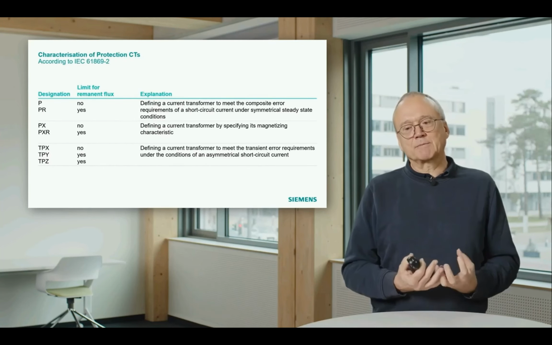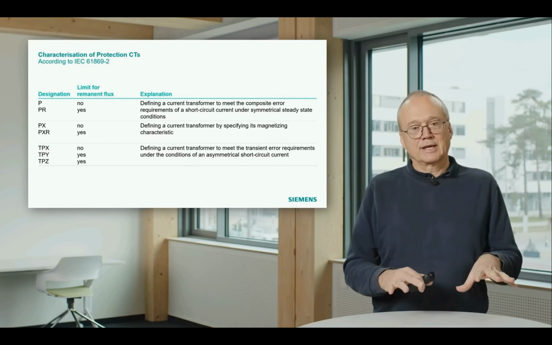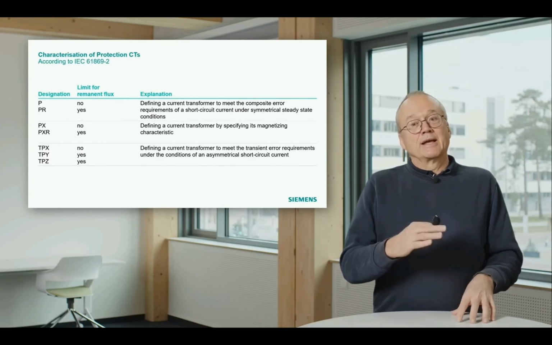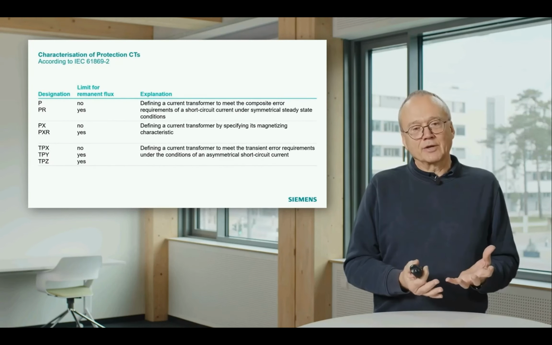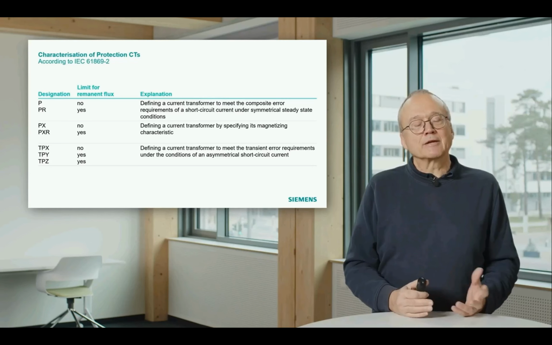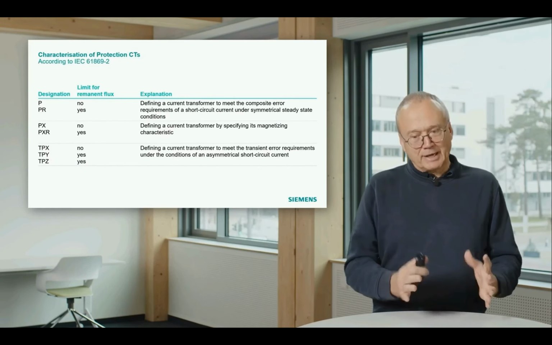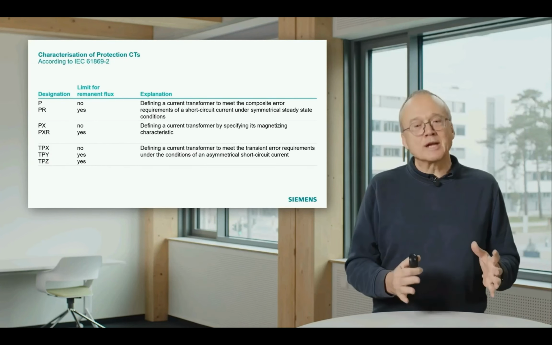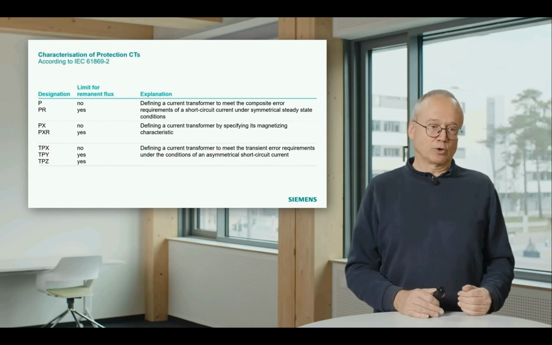A remanent flux means if the current is off, if there is no current in the current transformer, due to the properties of the iron, you have a certain remaining flux there, remanent flux. And a part of the current transformers have no limit for that. We will later on see that can cause some problems.